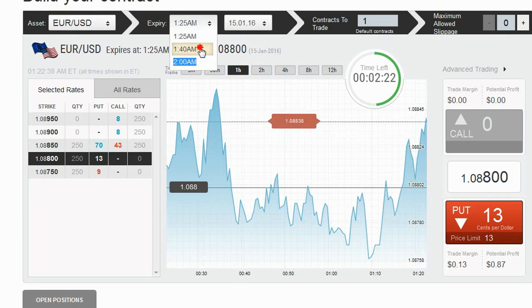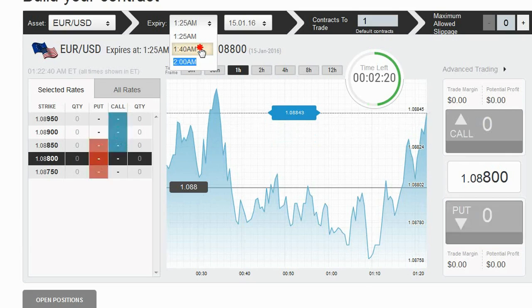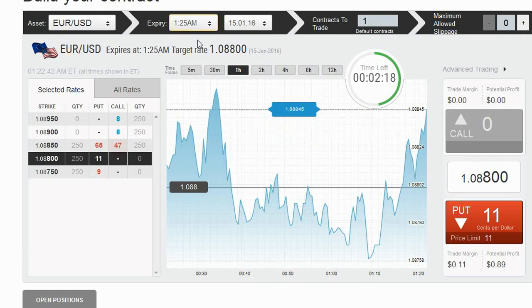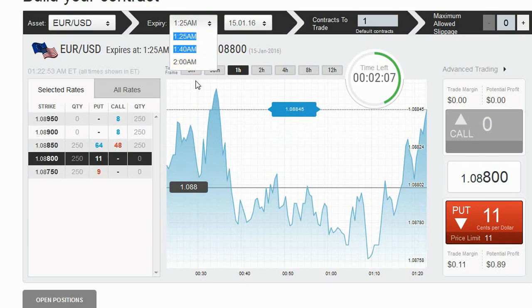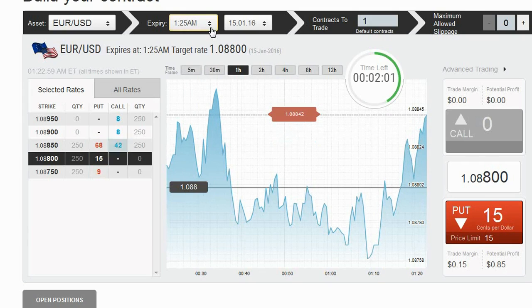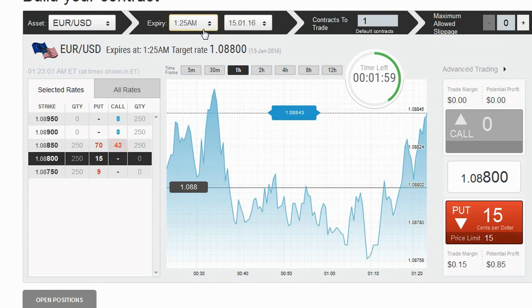Now, the times that are generally available here are around 5 minutes, 20 minutes, and then the end of the hour and end of the day. As the day progresses, we're going to eventually see some end of day times available there in that area.